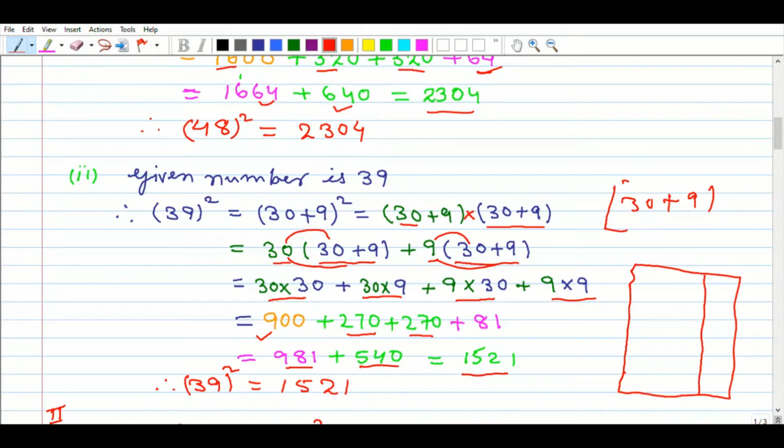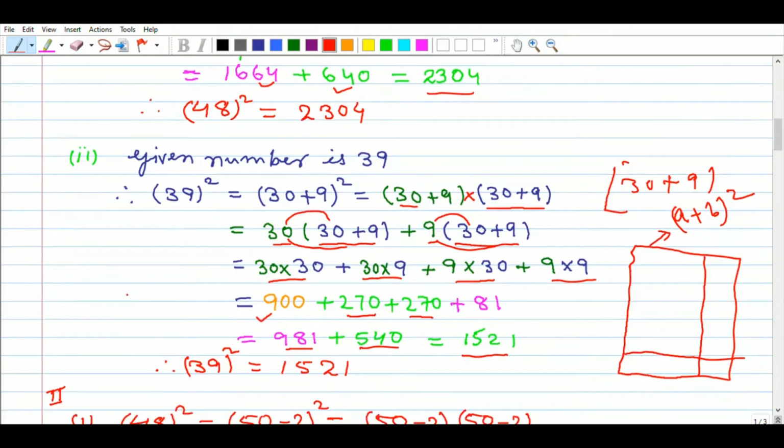So it is also a visual method, and in this method they use the identities, that is a plus b whole square, isn't it? But we are doing it with the help of the expanded form and the distributive property. So both we can say are also a visual method when we use the identities.